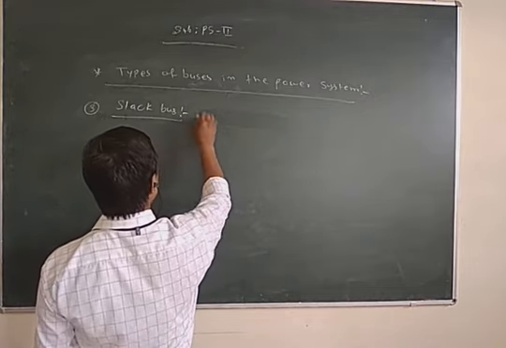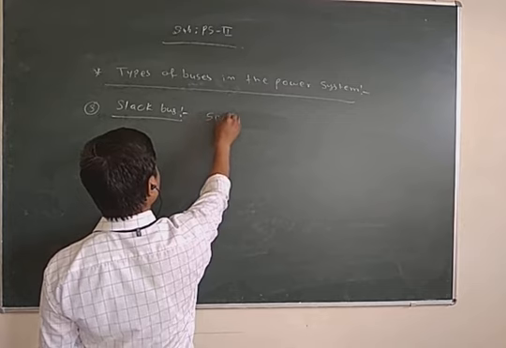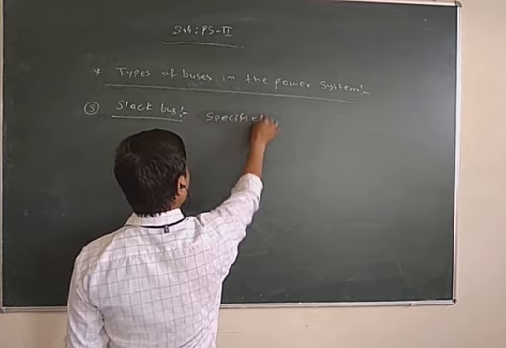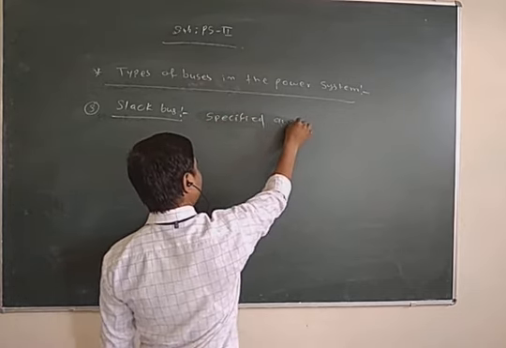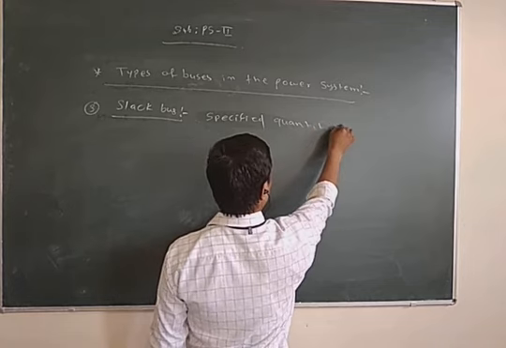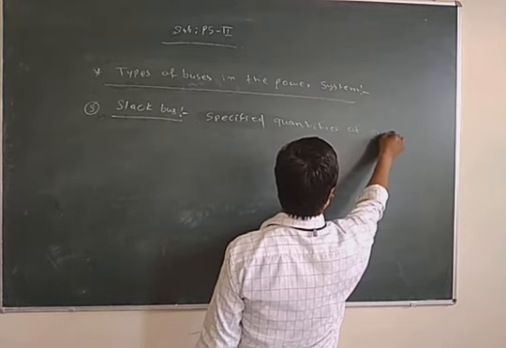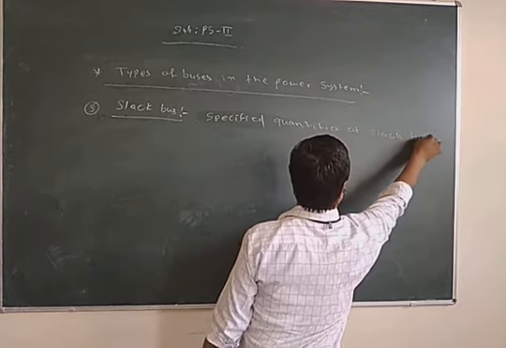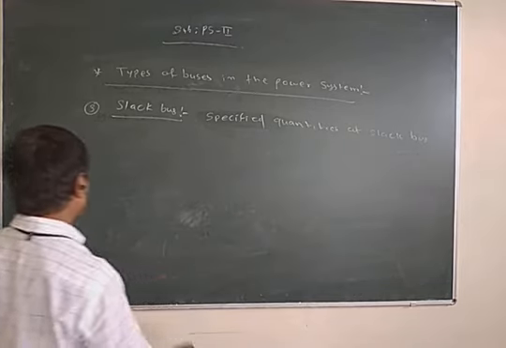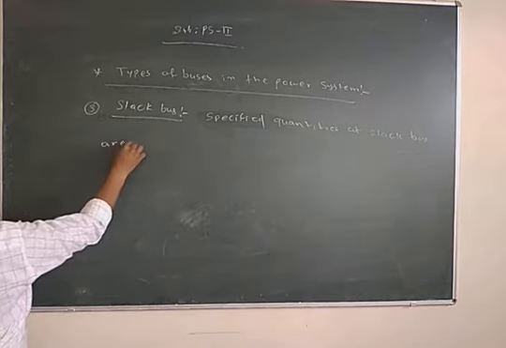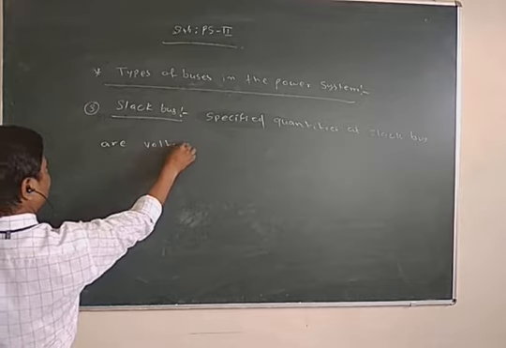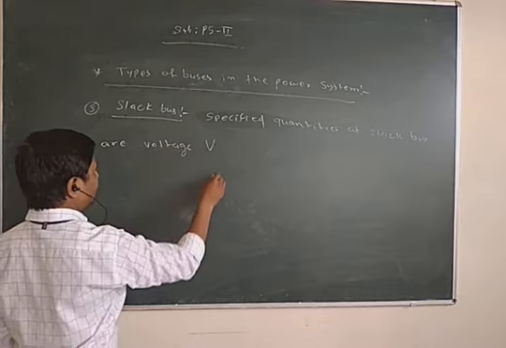Specified quantities at slack bus are voltage V and phase angle delta.